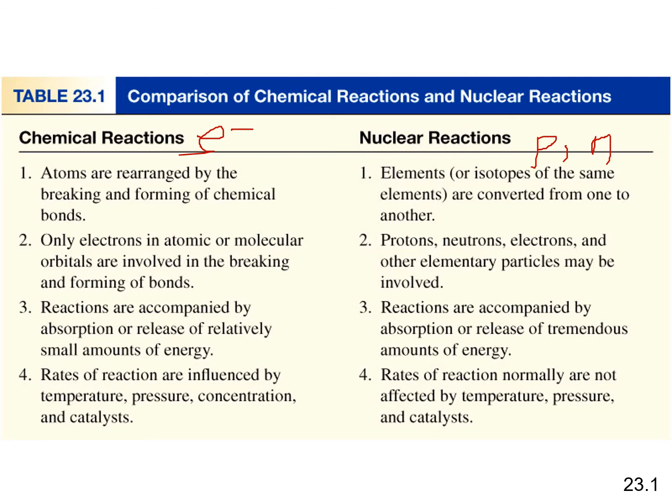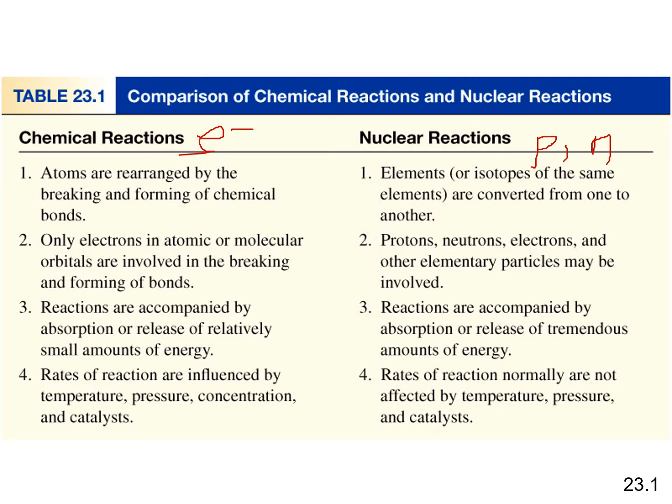But in the nuclear reactions, not just the electrons, but also the protons and the neutrons are involved in the process. Chemical reactions are accompanied by an absorption or release of relatively small amounts of energy. But for nuclear reactions, it's a tremendous amount of energy which we can harness, take advantage of, store, and use to serve mankind.